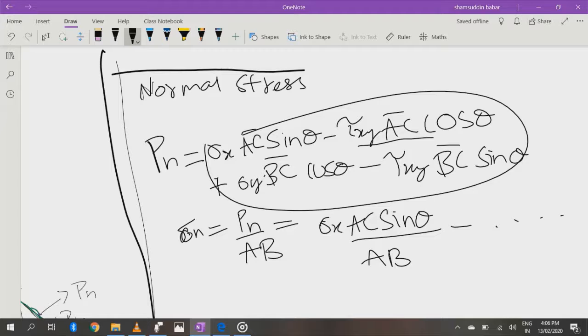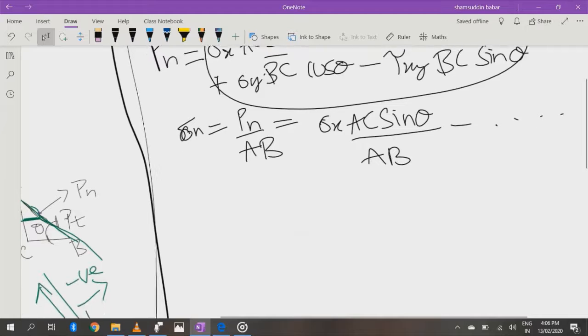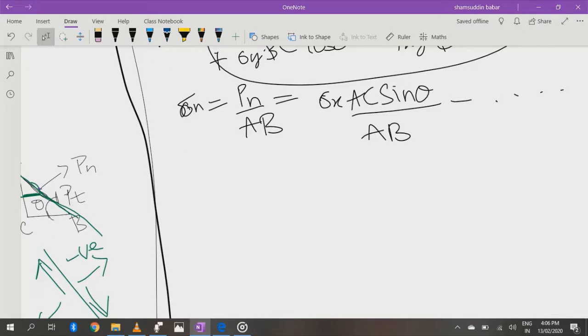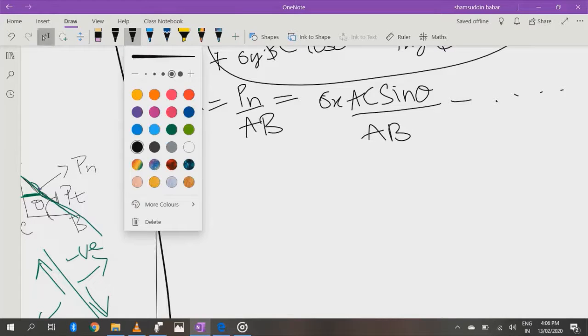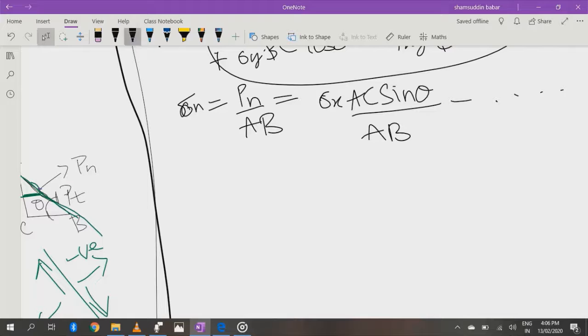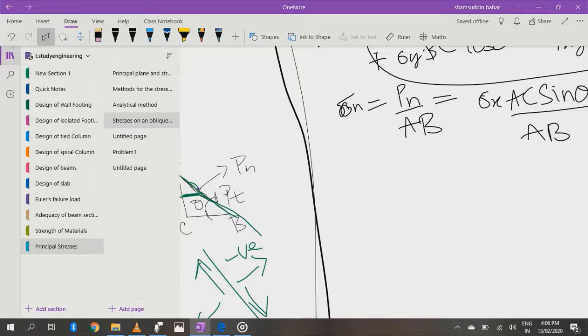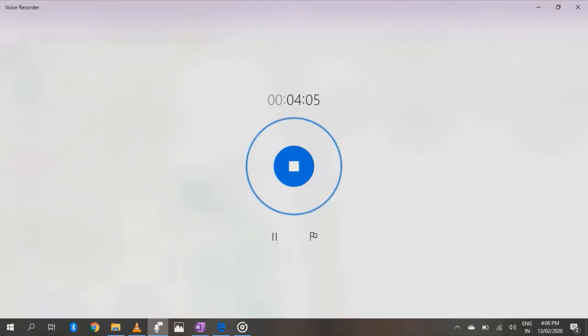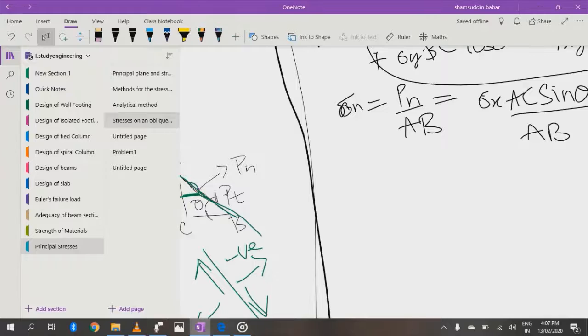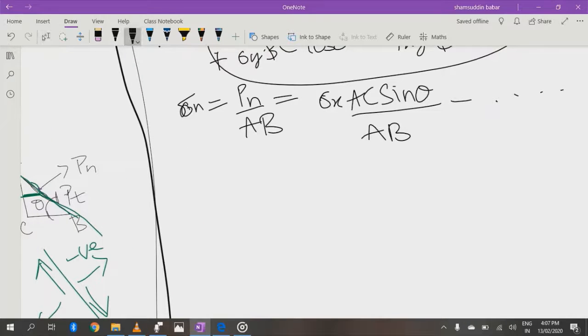Now using this small triangle, I know that my triangle is this.